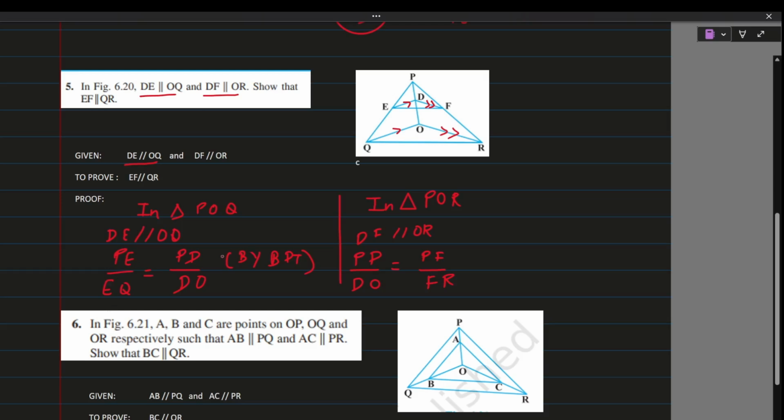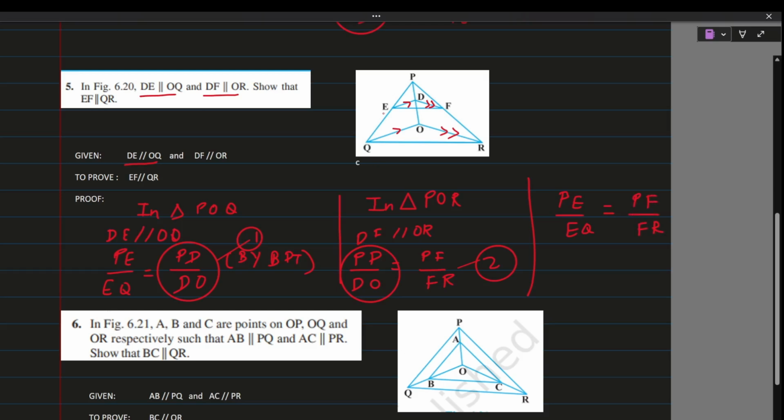This is equation 1 and this is equation 2. From 1 and 2, PE by EQ is equal to PD by DO, and PD by DO is also equal to PF by FR. From here, we can say that PE by EQ will be equal to PF by FR.